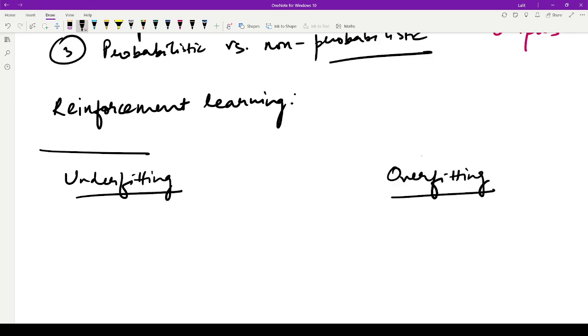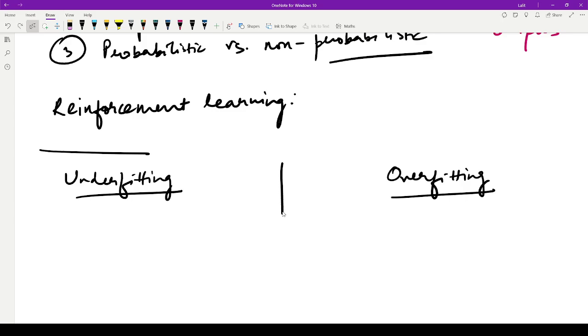Anyone? What is underfitting? As you can see, it's under something, right? So any guesses just by name? Well, these were discussed in the lectures, if you remember.